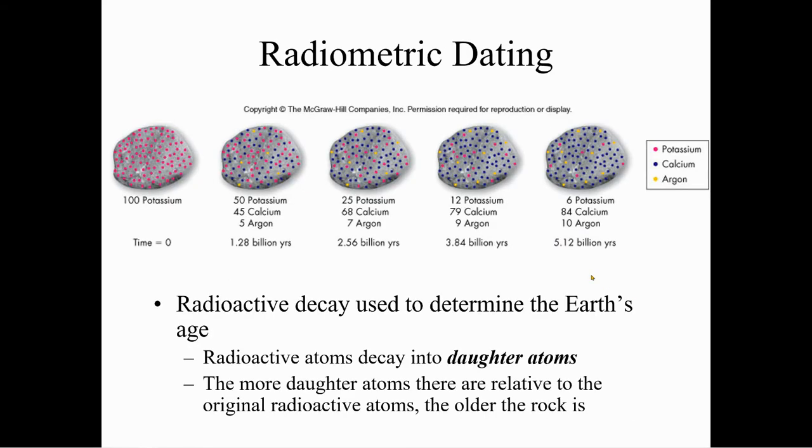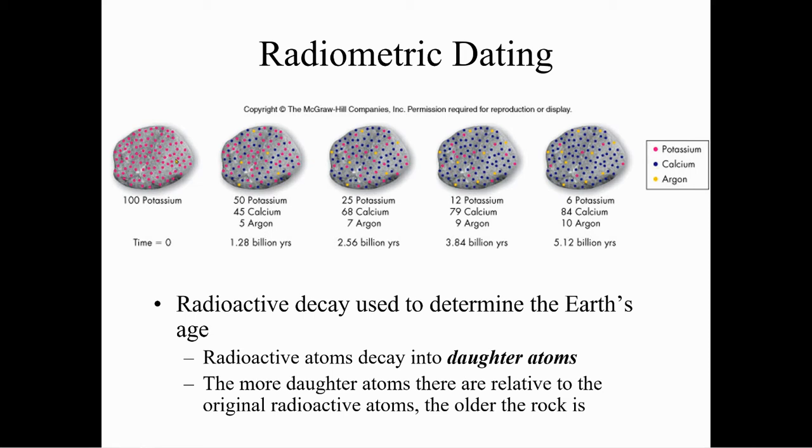So we can tell how old the Earth is by radiometric dating. What is radiometric dating? If I have a chunk of 100% potassium, it'll be easier if we say that we have 100 atoms bound together making this little chunk.